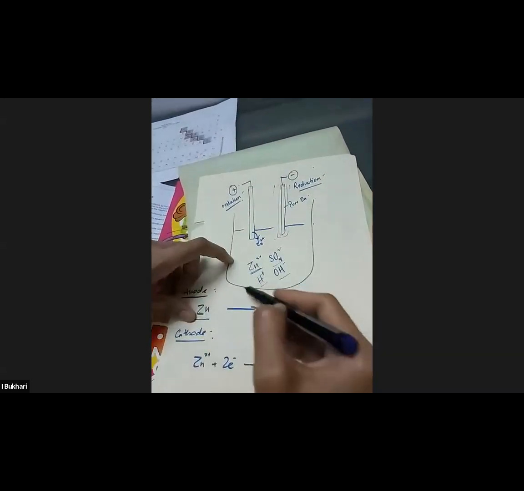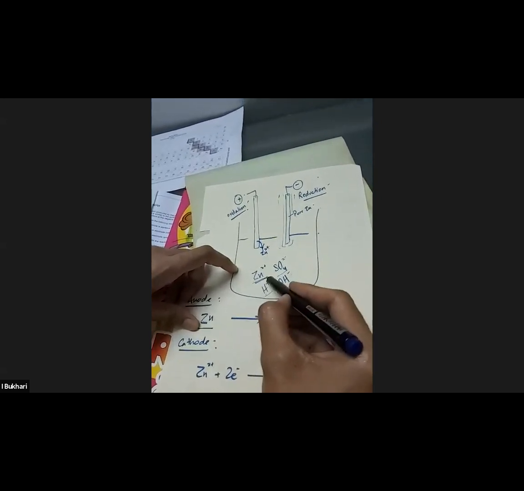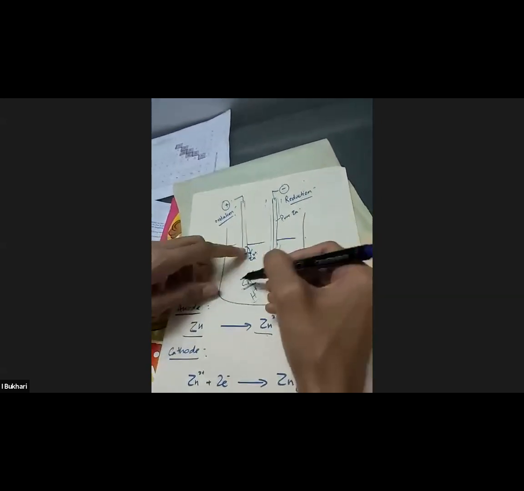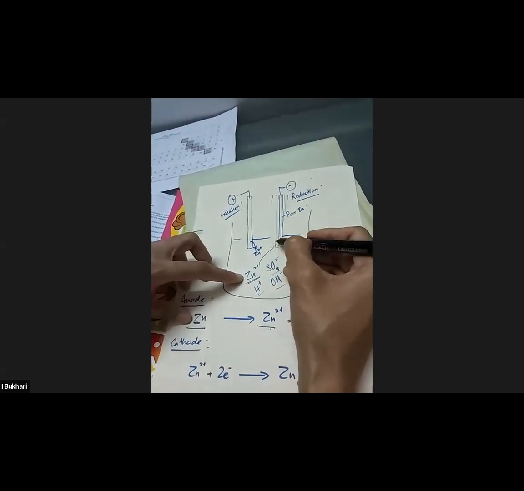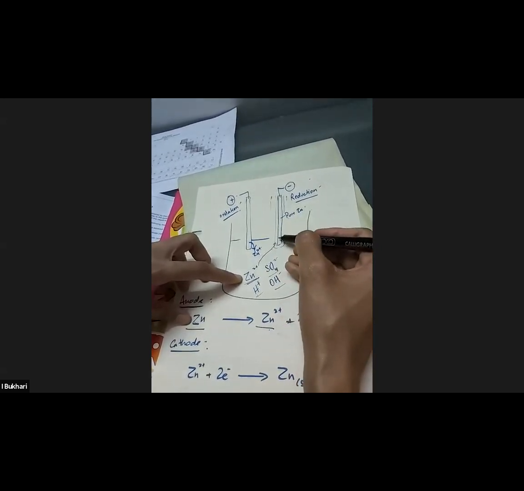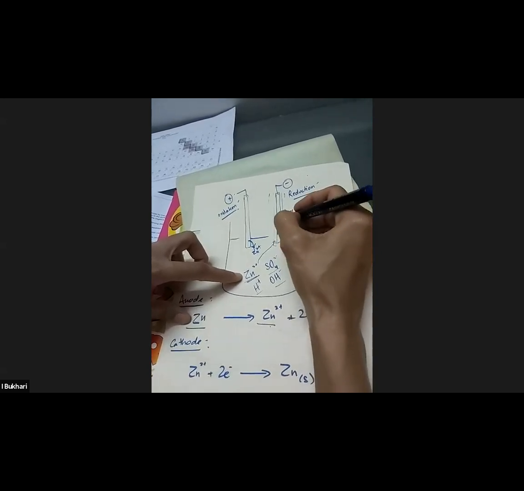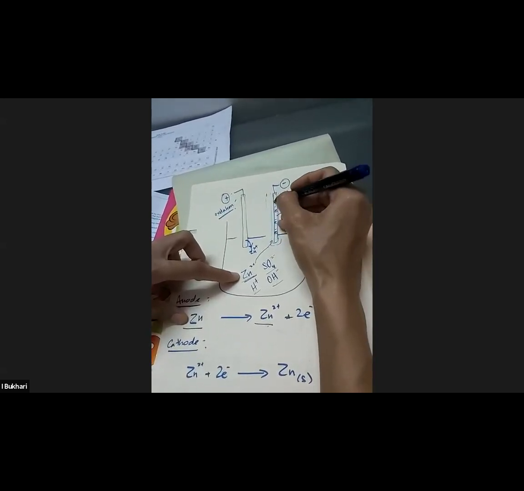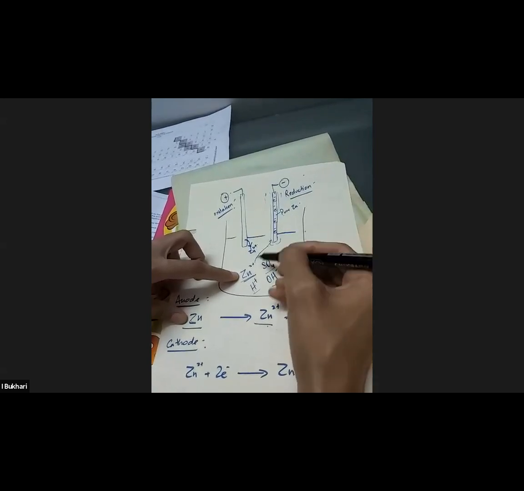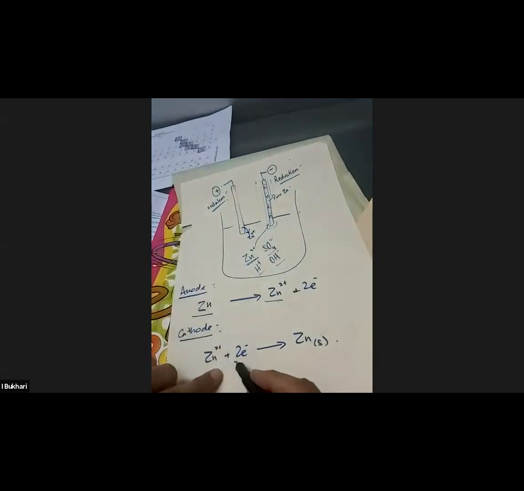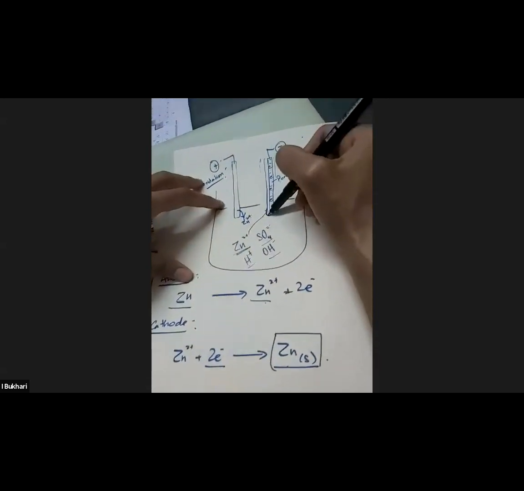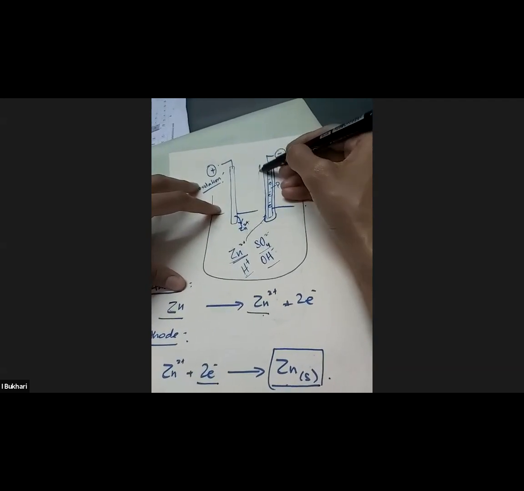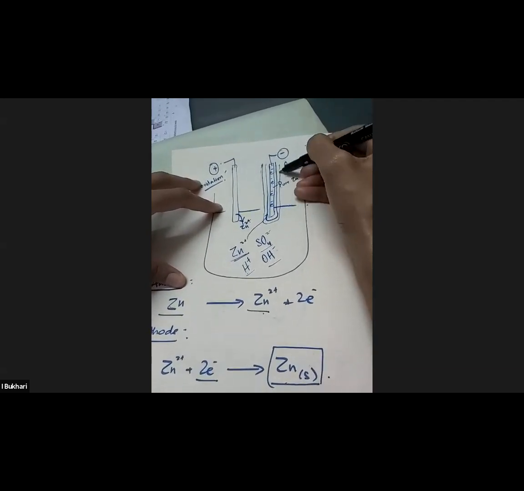And this salt already had zinc ions, and because of the opposite charges, the cations will be attracted towards the cathode, where there is an excess of electrons. Why? Because it is connected to the negative terminal of the battery. And there it will accept these electrons and get deposited as pure zinc solid. So after the passage of time, you will see layers of pure zinc getting deposited onto the cathode.